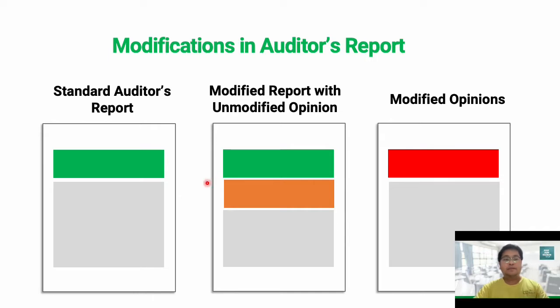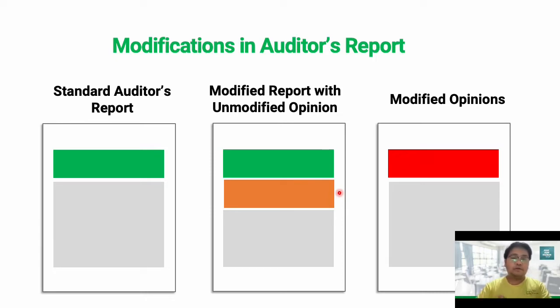Then we have modified report with unmodified opinion. This is the case where we issue unmodified opinion but we include explanatory paragraph. Explanatory paragraphs, also known as additional paragraphs to the auditor's report, include the emphasis of matter paragraph and other matter paragraph.